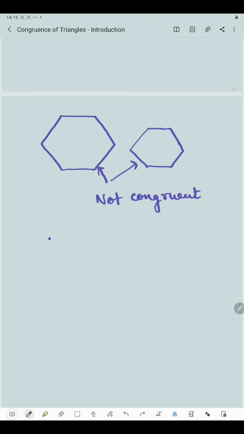Let us consider two line segments, say AB and PQ, both measure 3 units. So can we say that they are congruent? Of course, we can say that these two are congruent. Line segment AB is congruent to line segment PQ.